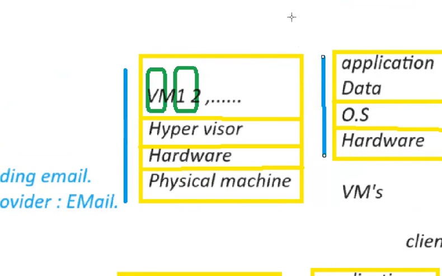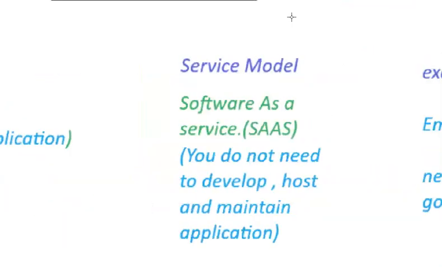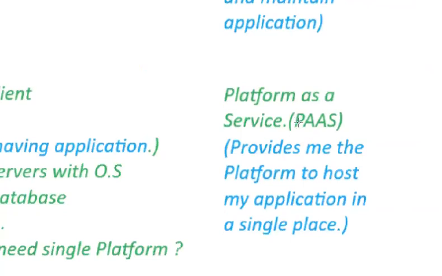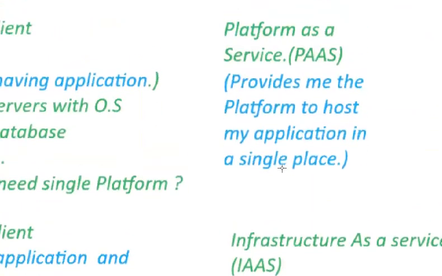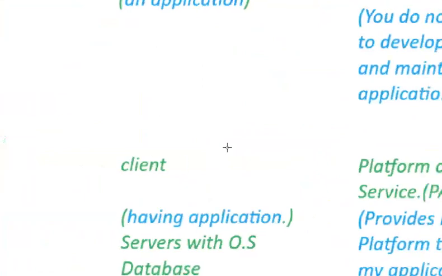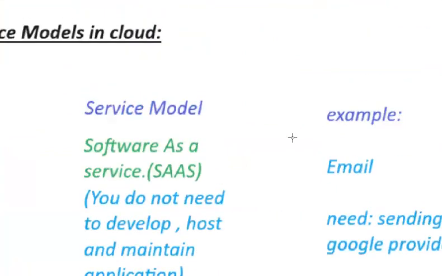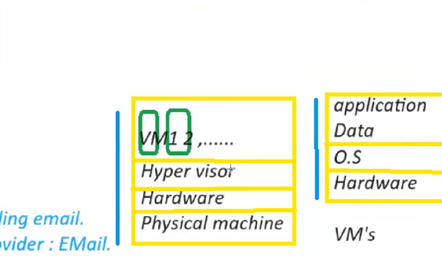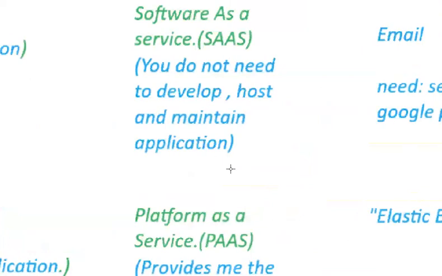So I hope you understood the concepts of software as a service, platform as a service, and infrastructure as a service, and you even know which service to choose for which need, you also found a useful example, and you know what responsibilities you need to take care of while using that service.